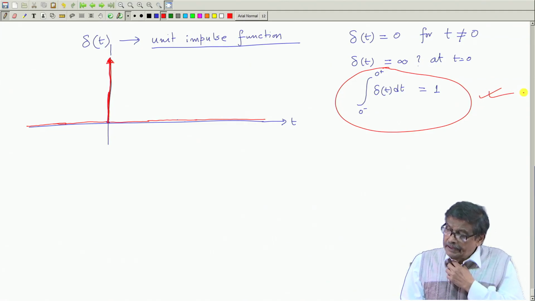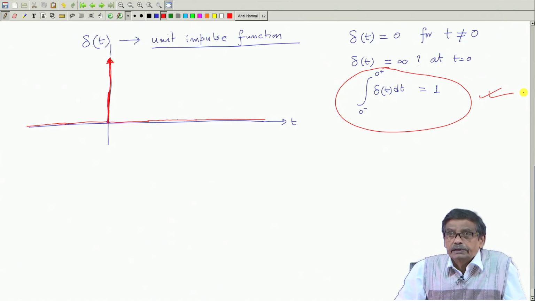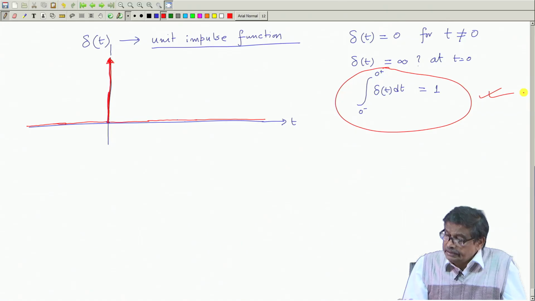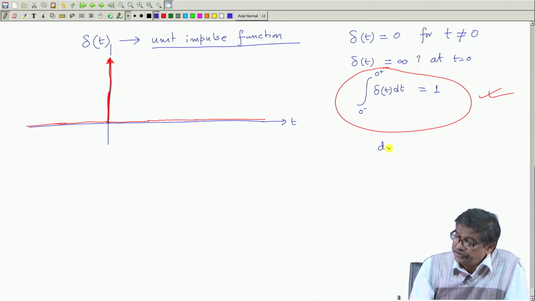Now, if such an impulse function is applied to a circuit as input excitation, how do we find the currents? That circuit in general will have energy storing elements. Therefore, how to solve the differential equation?